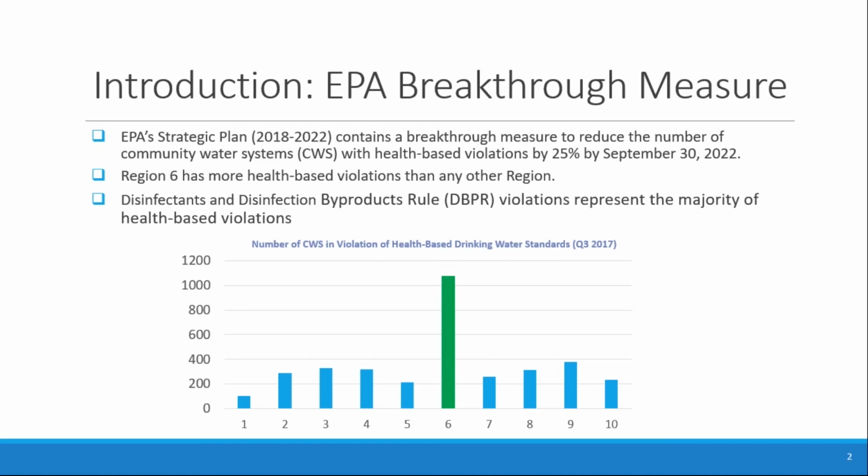And we are now midway through that time period. And we're making some progress, and that's what we're going to focus on today. I know that many of you who are out there working in the regional offices are working on this measure. And also a lot of states have developed similar measures, and they're helping us to reduce non-compliance at community water systems.